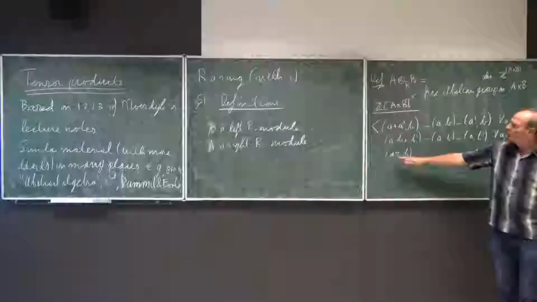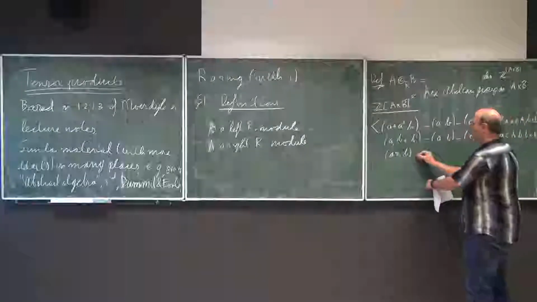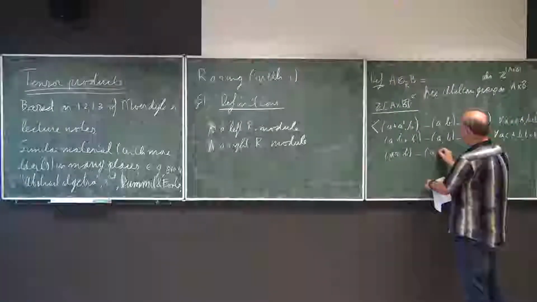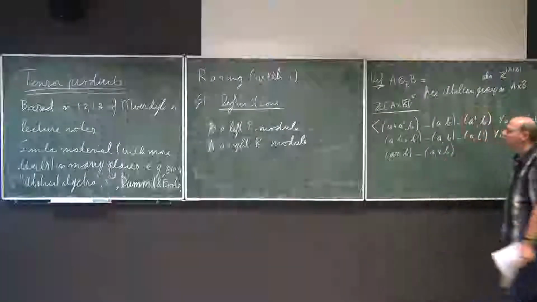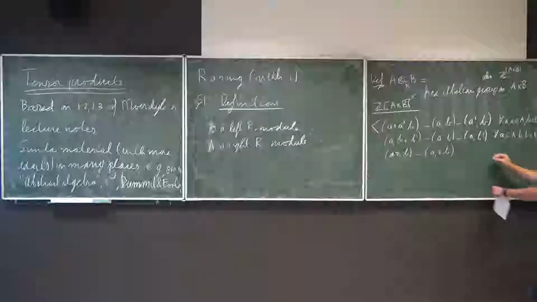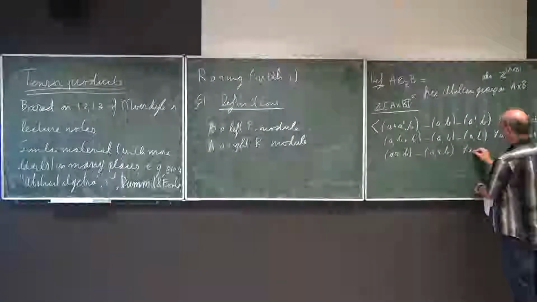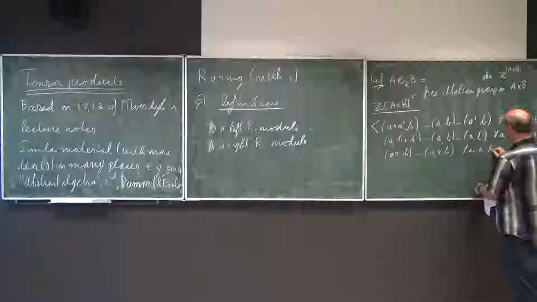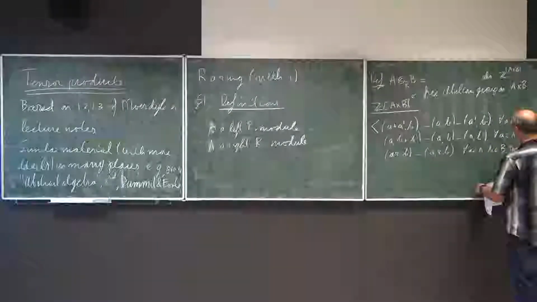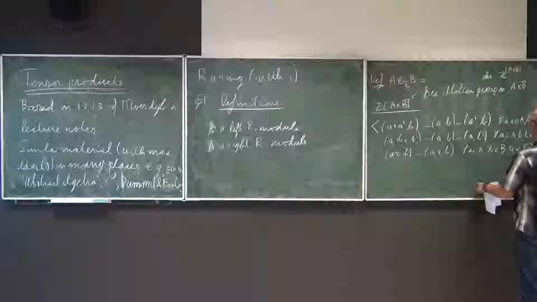Now I want to be able to move the r across the comma in the quotient, so I impose that (ar, b) is the same as (a, rb), for all a in A, b in B, and r in the ring R. And that's the third type of relation.